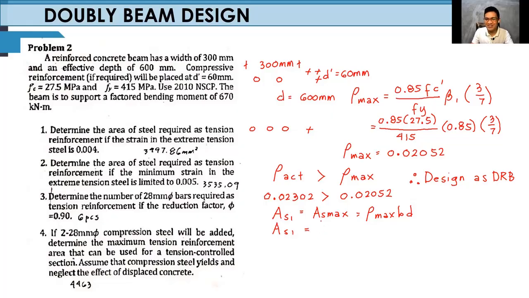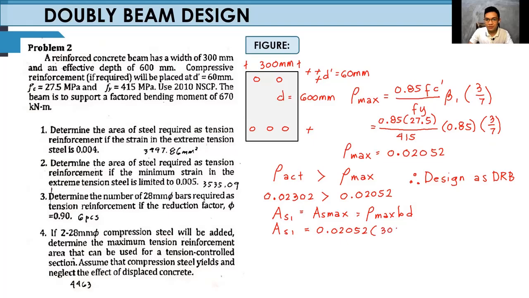Unahin muna natin to. So, AS max natin is equivalent to rho max natin is 0.02052. Then, base natin is 300, depth natin is 600. So by that, makukuha natin si AS1 which is equivalent to 3,693.6 millimeters square.